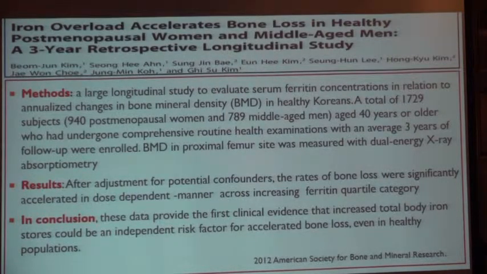After follow-up of 3 years, they found after adjustment of the potential variables, the rate of bone loss was significantly accelerated in a dose-dependent manner with increasing ferritin quartile category. And these data provided the first clinical evidence that increased body iron store could be an independent risk factor for accelerated bone loss even in healthy populations.